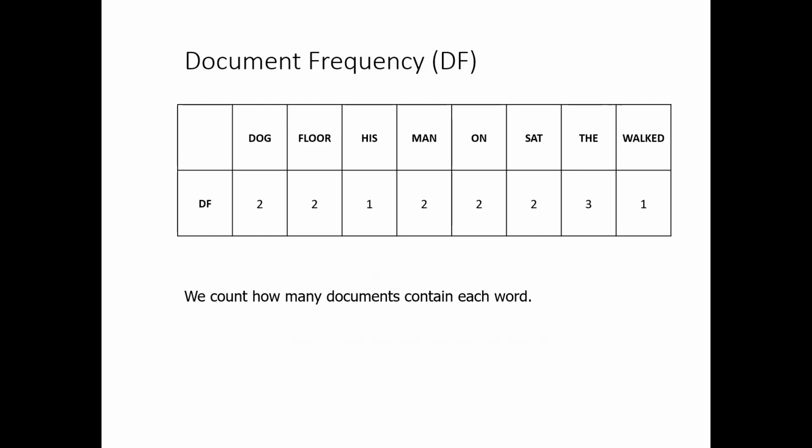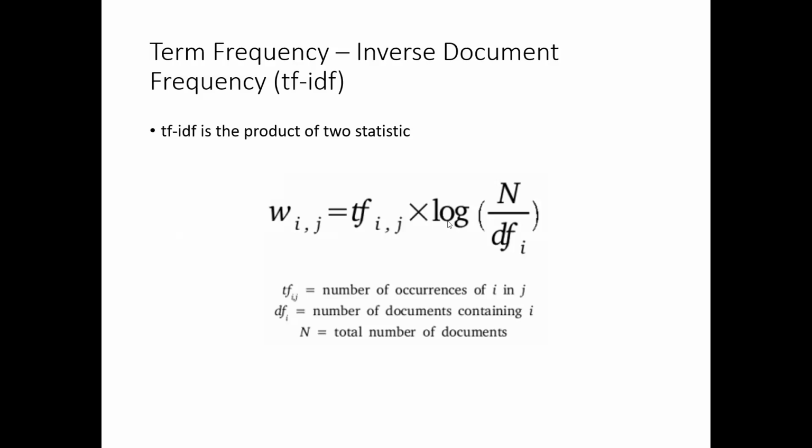Right. Now we have understood the term frequency, and we understood the document frequency. Inverse document frequency means we take log. If I go back again, we say log N divided by document frequency, right? That's what we have discussed.